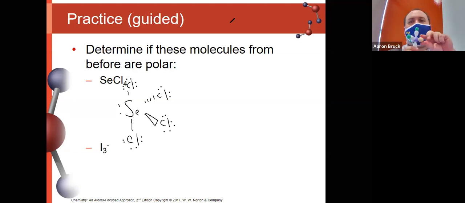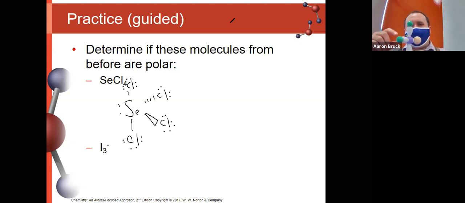Now, in trigonal bipyramidal, symmetry is a little bit different. We talked about symmetry more in terms of, does it have symmetry in the axial direction and in the equatorial direction? If it does, then we can consider it to be symmetrical.